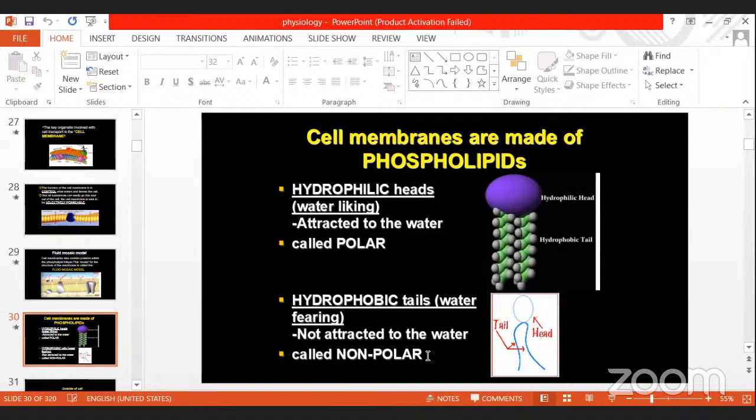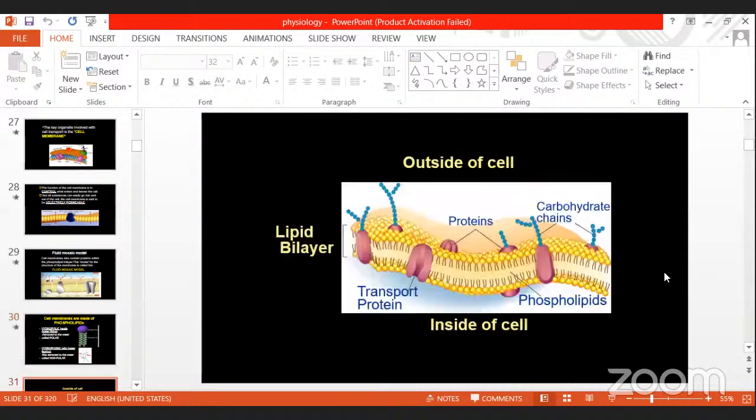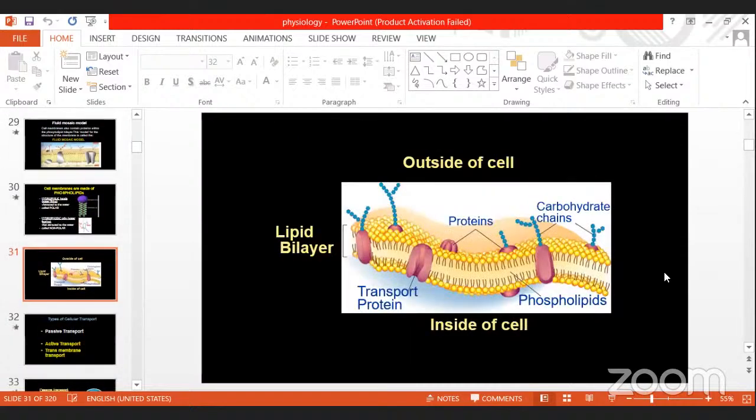The tail end is hydrophobic in nature, not attracted to water, and non-polar. In the phospholipid bilayer, proteins are attached and carbohydrates are there. Bilayer means the tail ends are facing together and the head ends are facing outwards.